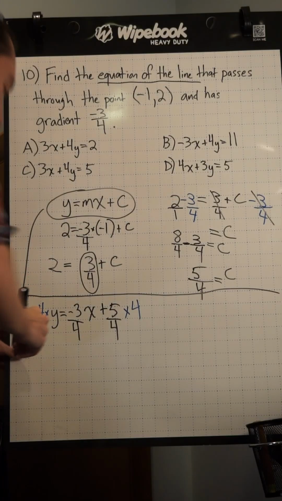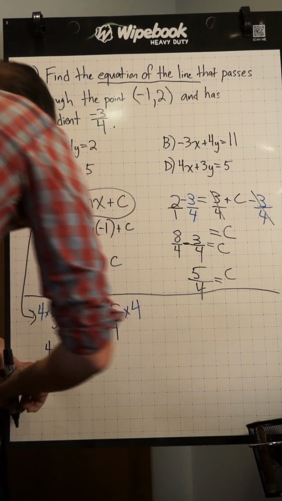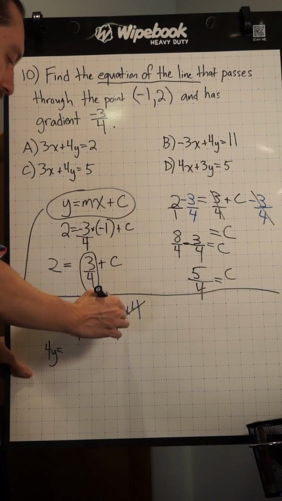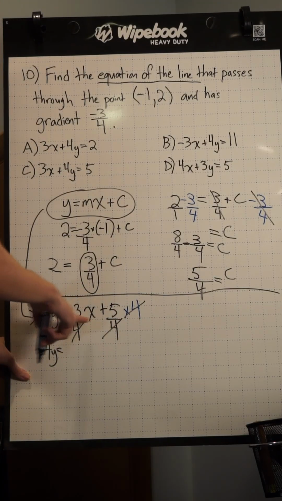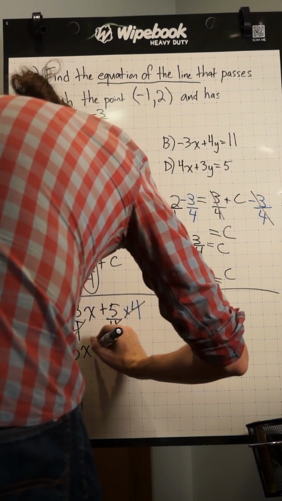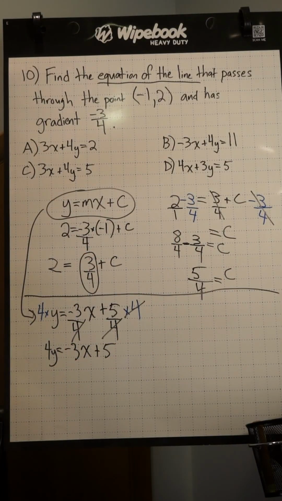Right? So on the left side, 4 times y, we'll just call that one 4y. On this side, 4 on top, 4 on bottom, they cancel. 4 on top, 4 on bottom, they cancel, right? So we have minus 3x plus 5. Okay, so you can see we're getting closer.